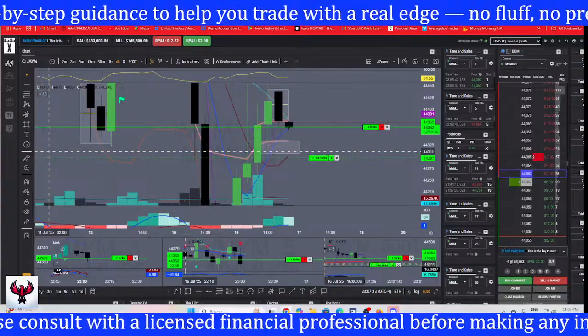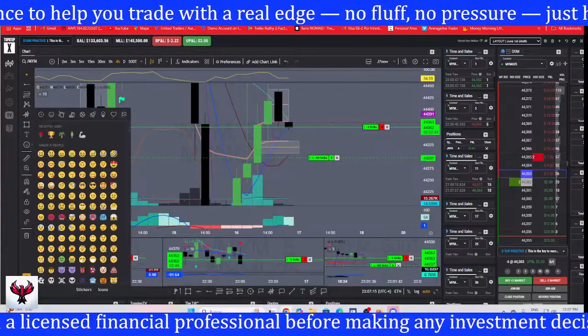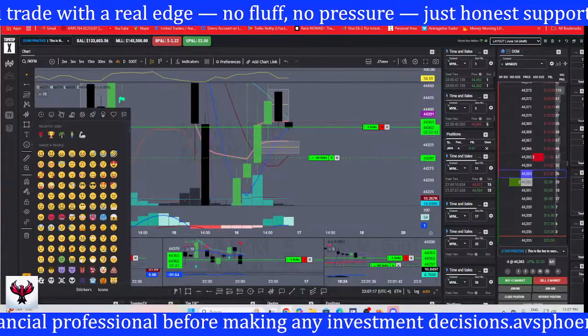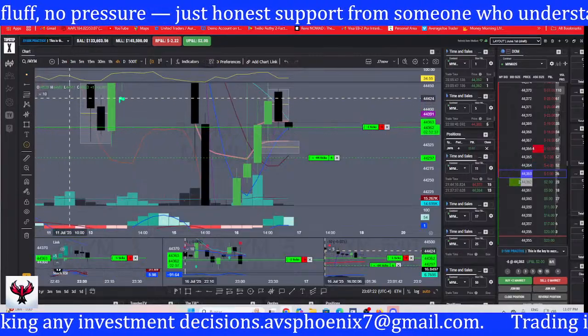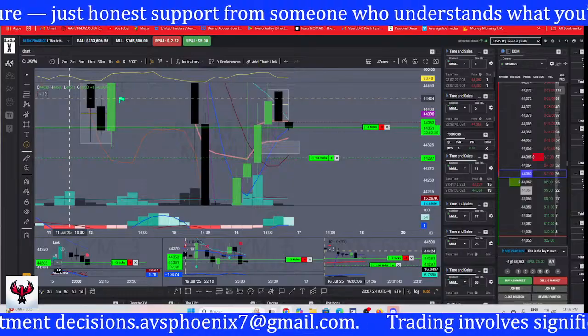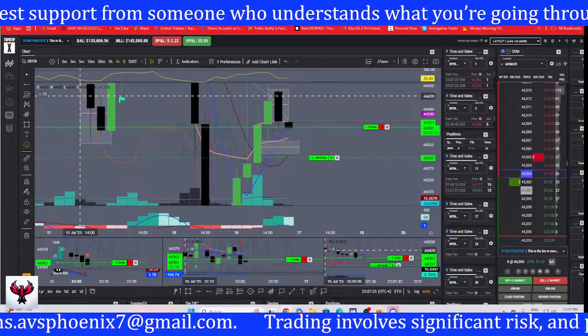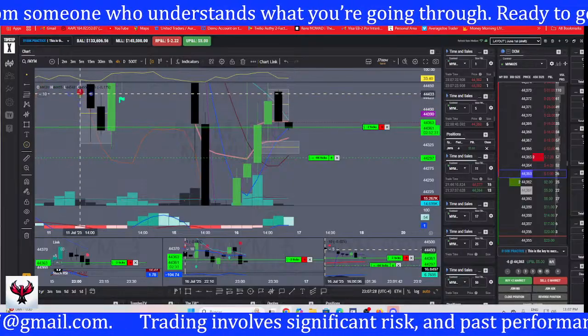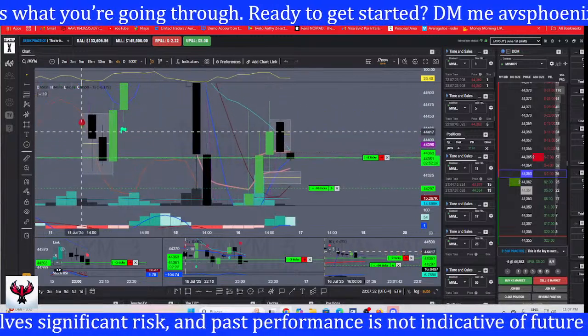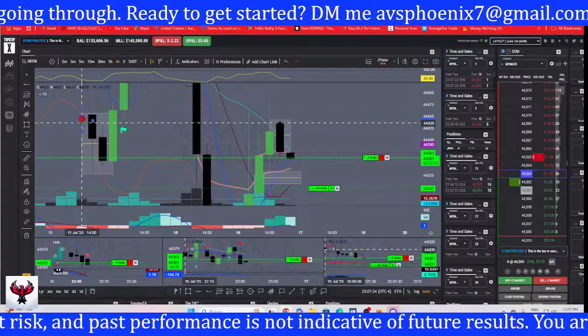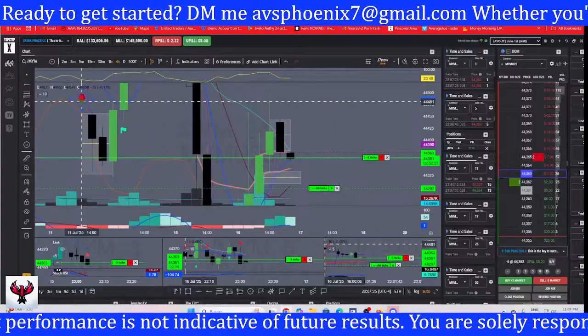All right. I'm going to put a rose. I'm going to place that rose on the low at the close, which is right here. I'm going to move this down a little bit, and push it up right here.